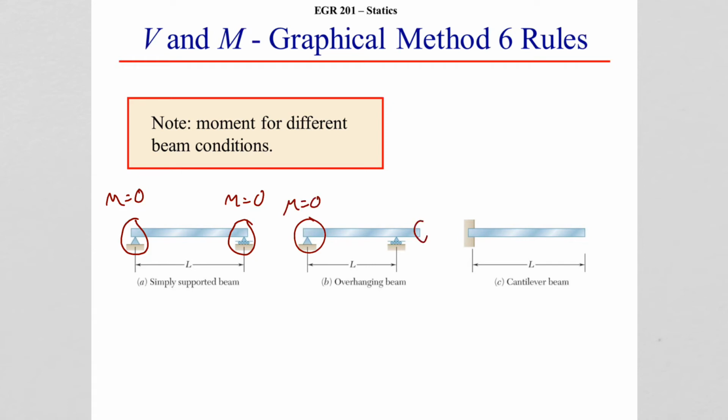At the end, the moment is equal to 0. This location where this roller is isn't necessarily 0. And on the last one, we see that our moment here is equal to 0, but not here, and most likely M doesn't equal 0 here either.